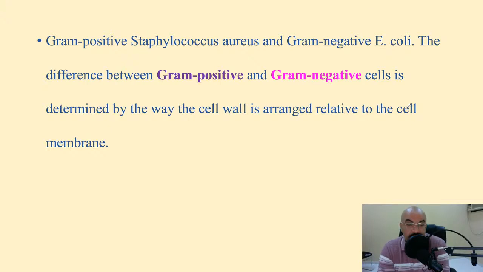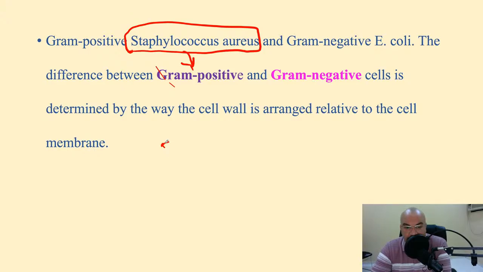For example, we know the gram-positive now is Staphylococcus. So directly, when I hear the term Staphylococcus, whether Staphylococcus aureus or Staphylococcus epidermidis, it's gram-positive. That means Staphylococcus will be cocci, like grapes, living together in this way, and also has a thick cell wall.